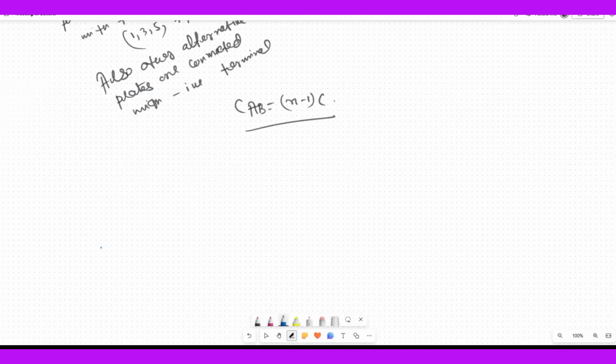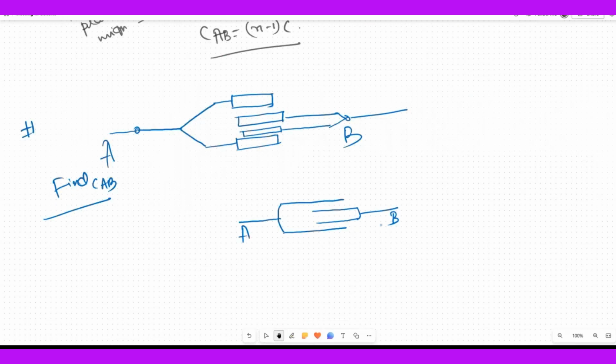Now, we are going to consider another. You have to find the capacitance between the points A and B. So, let us go by the same concept. We imagine that these two are connected with the battery, A with the positive terminal, B with the negative terminal.